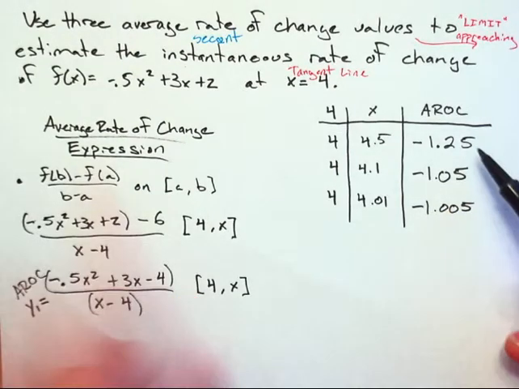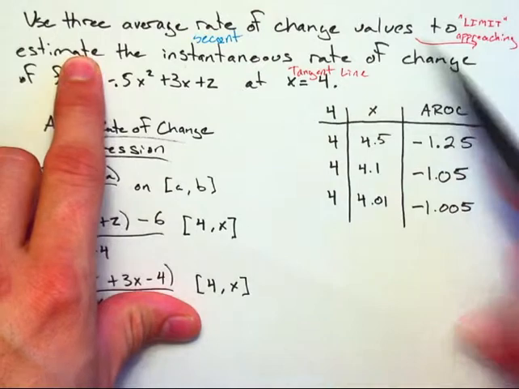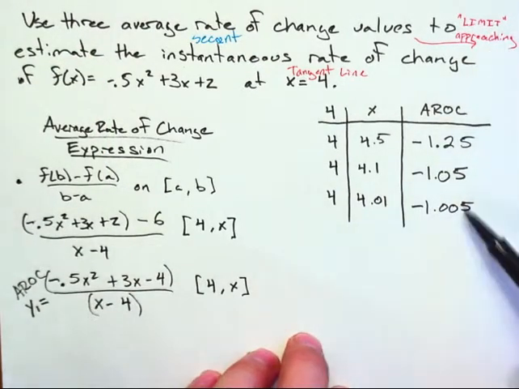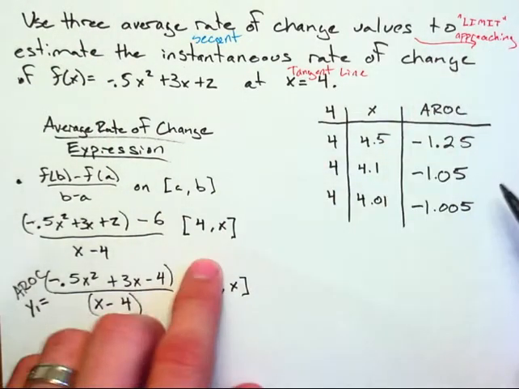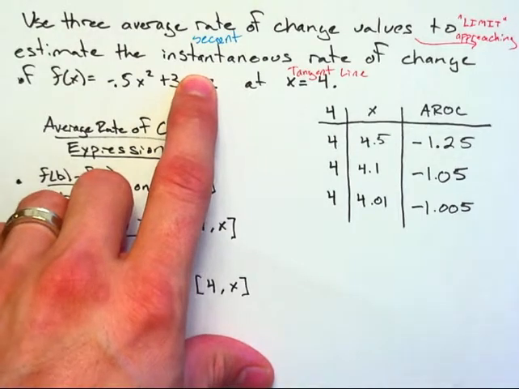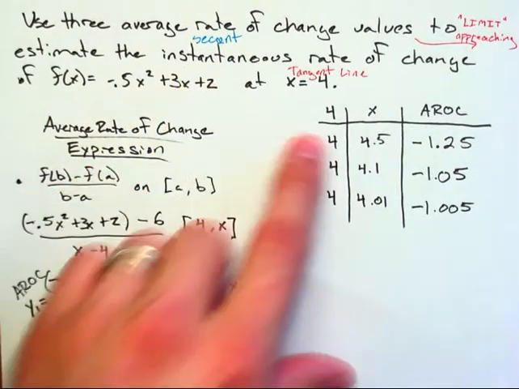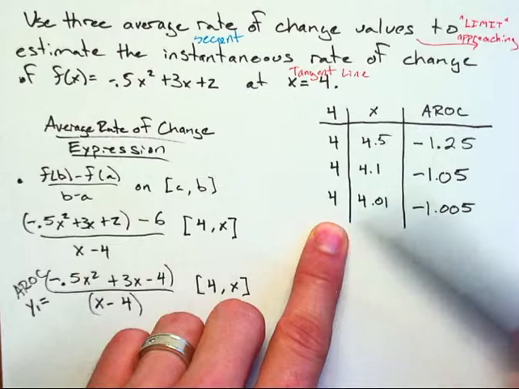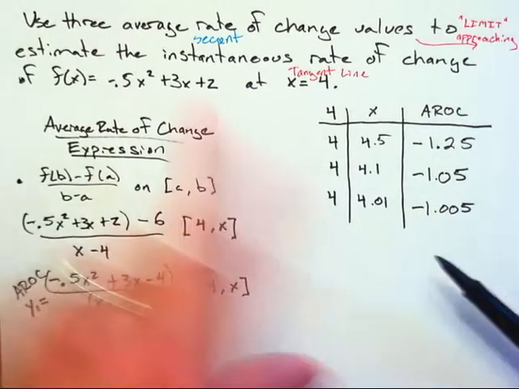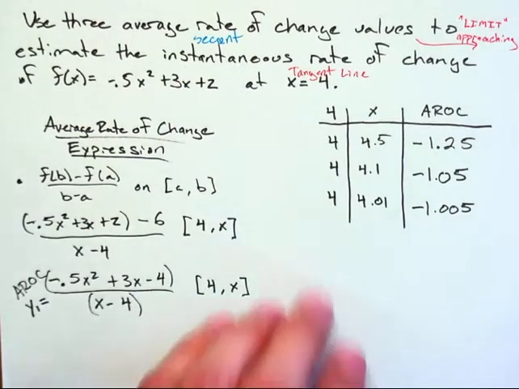Well, there you have it. There are three average rate of change values. We're going to see what they are approaching to take the limit to estimate the instantaneous rate of change. So 4 is used for all of these, which is why whatever they're approaching is going to be that estimate of the instantaneous rate of change.